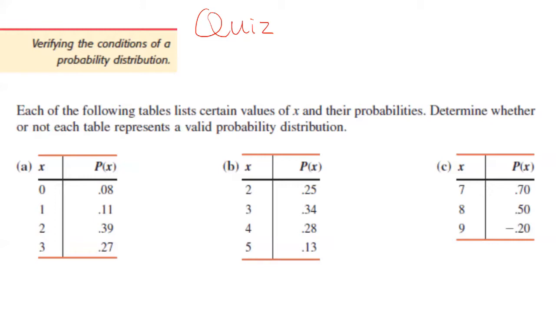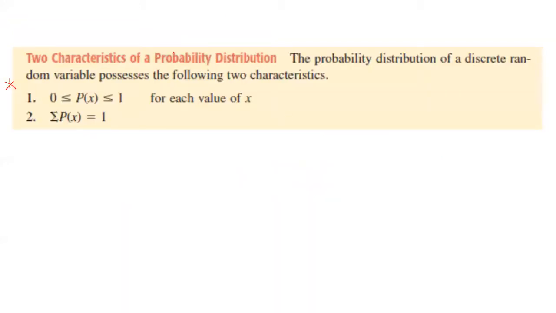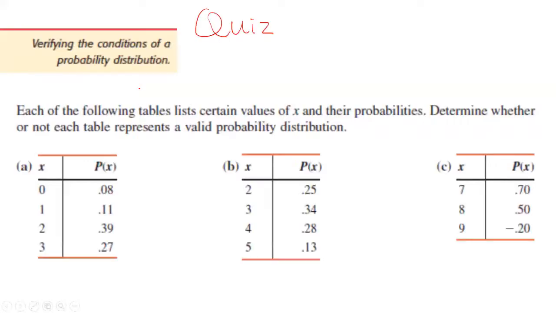Have you finished? Let's see the first one. To qualify for a probability distribution, it has to fulfill these two characteristics, right? Because each probability listed in the table is in the range 0 to 1, it satisfies the first condition for a probability distribution.